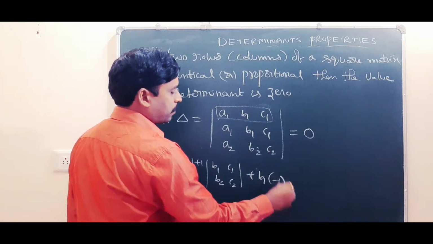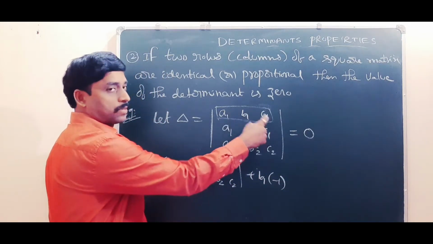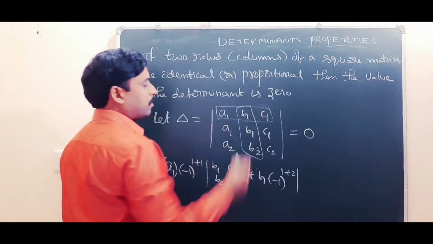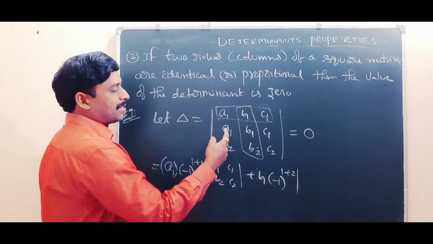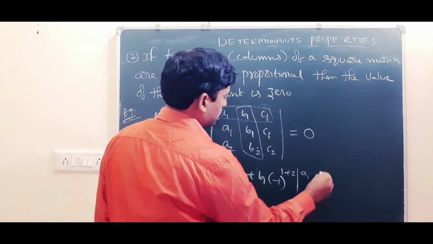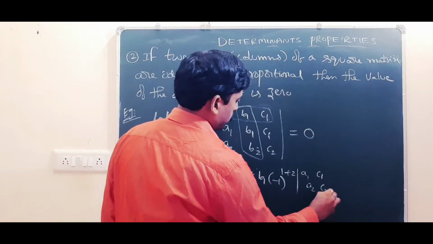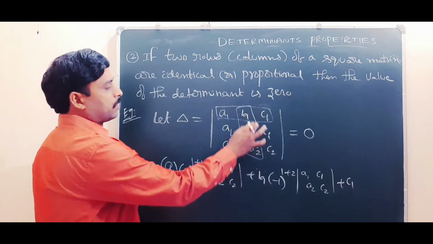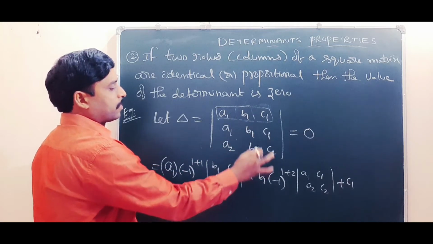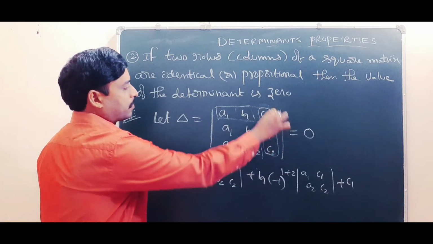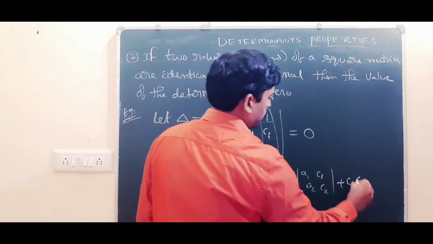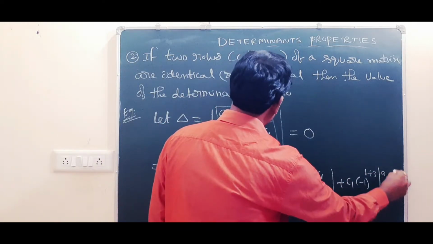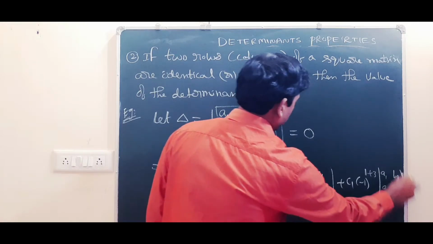It will be minus 1 power, B1 present in first row and second column, 1 plus 2. After deleting the first row and second column, the determinant of the remaining elements A2, C2, A3, C3, plus C1 into cofactor of C1. C1 is present in first row and third column. After deleting the first row and third column, minus 1 power 1 plus 3, the determinant of A2, B2, A3, B3.